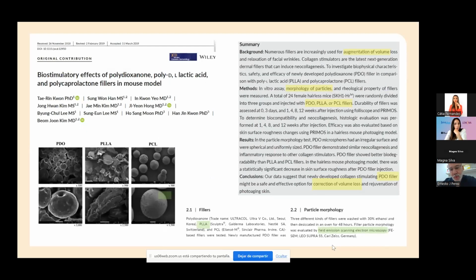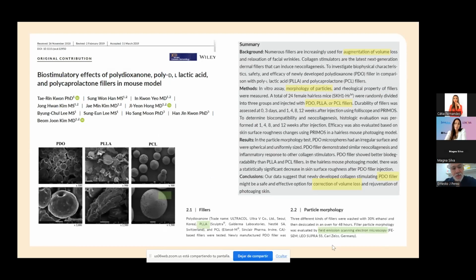And when we try to look deeper into the differences between levo polylactic acid and the mixture of dextro and levo polylactic acid, we find that there are a lot of confusions, even in clinical studies.